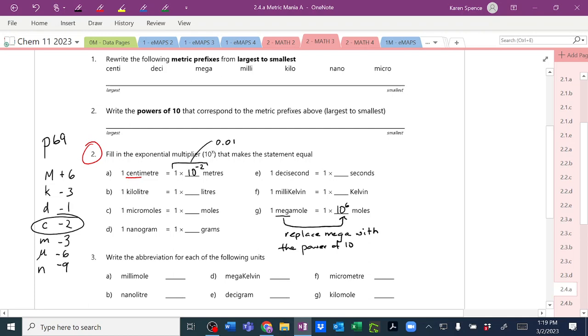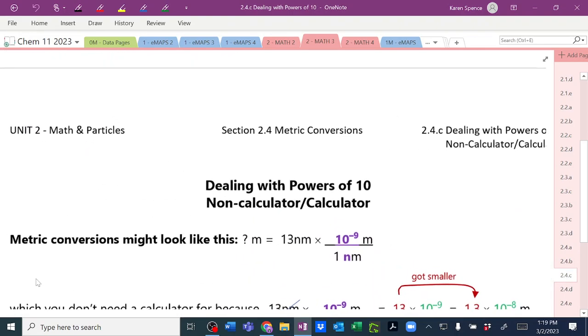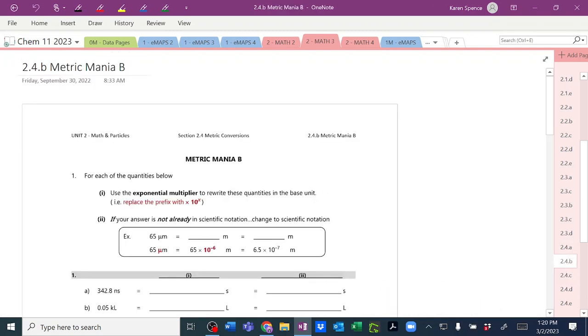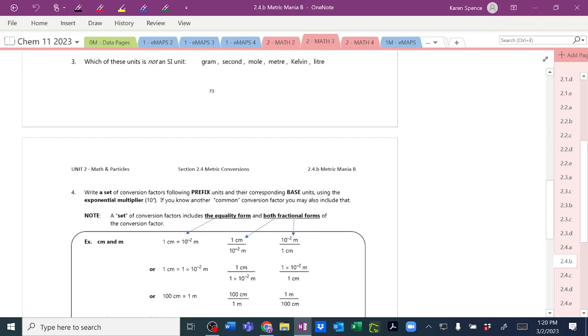It's really quick. Well, actually, maybe we will do 2.4b as well.